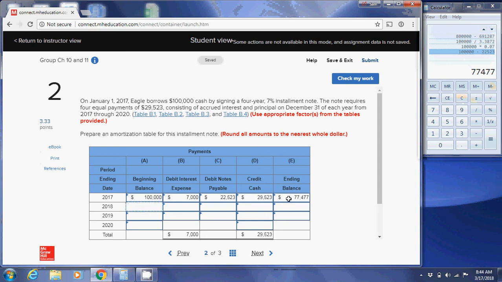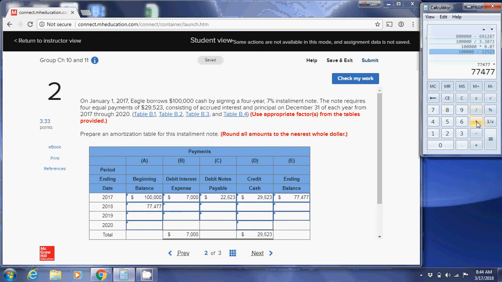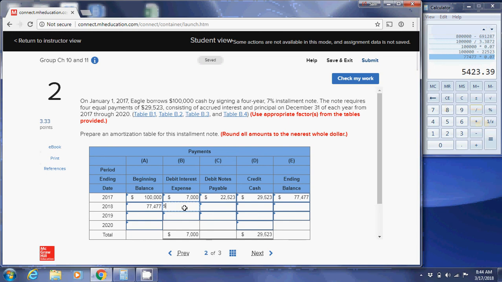That means our beginning balance next period is also 77,477. And once again, I need to calculate interest, so I'm just going to go ahead and multiply by 0.07 here. Our interest expense should be $5,423. If I'm going to pay out cash of $29,523, I pay the same thing every period.